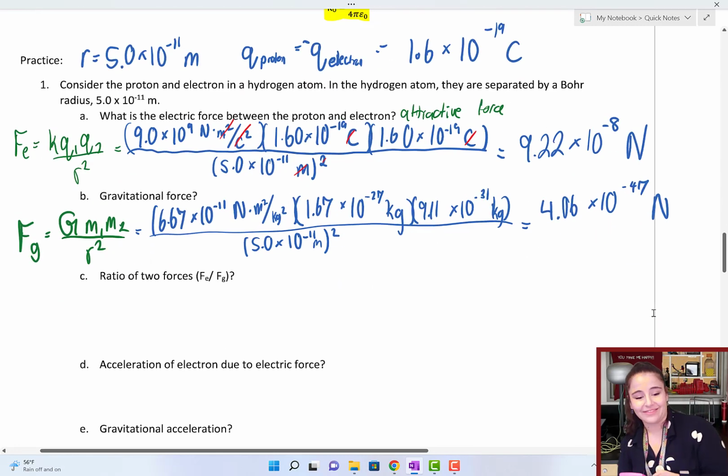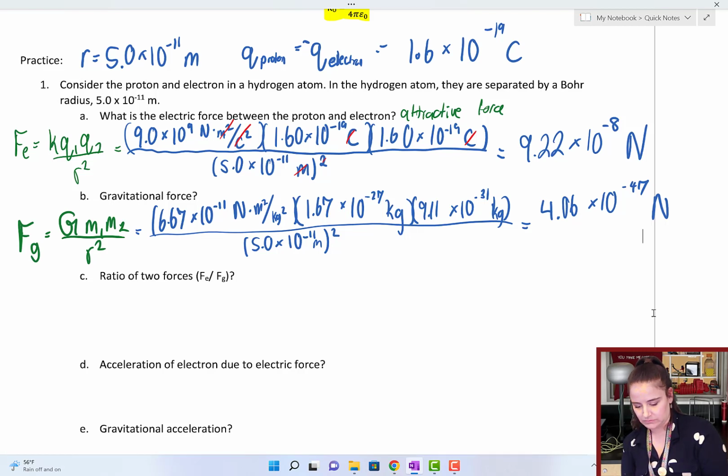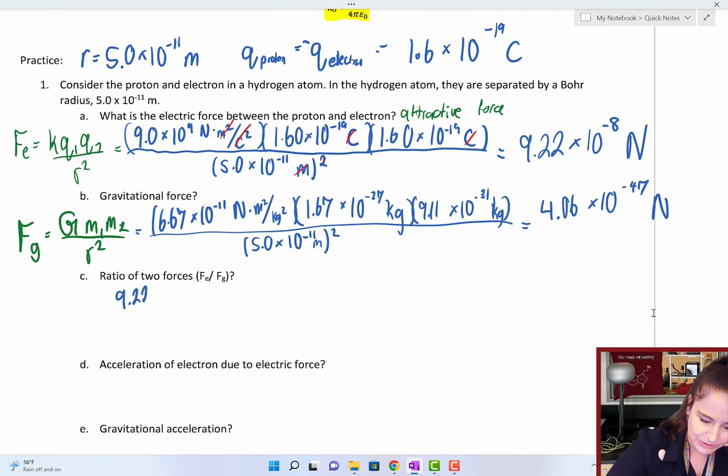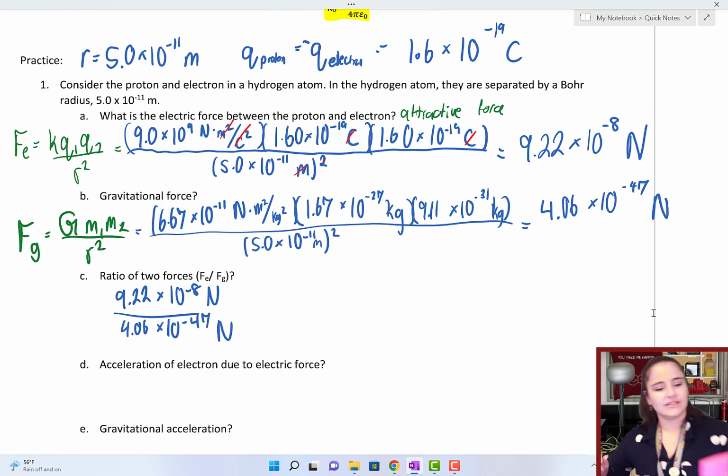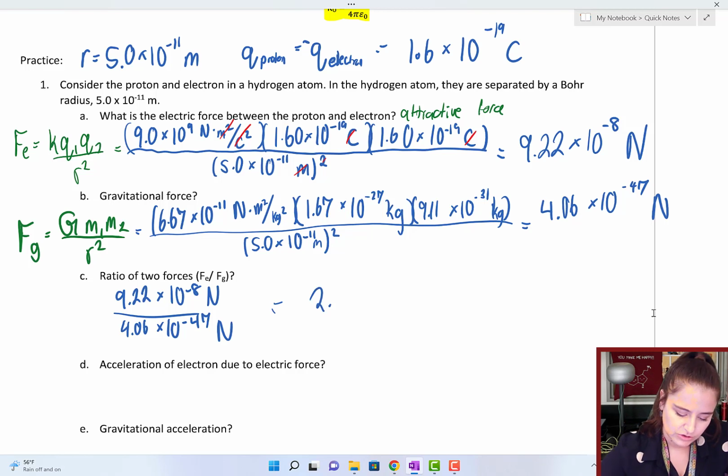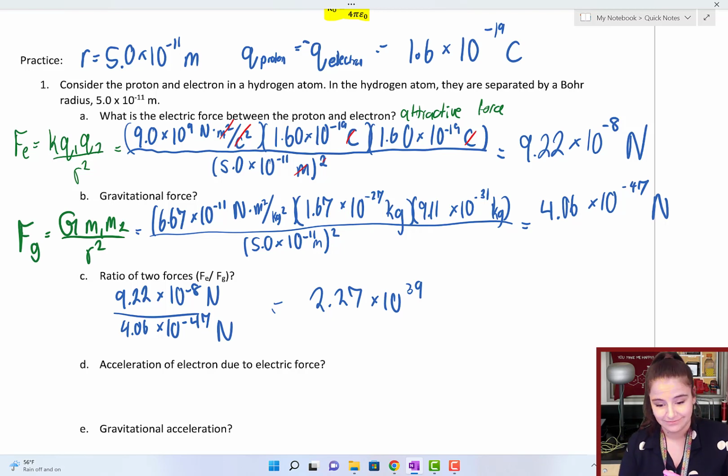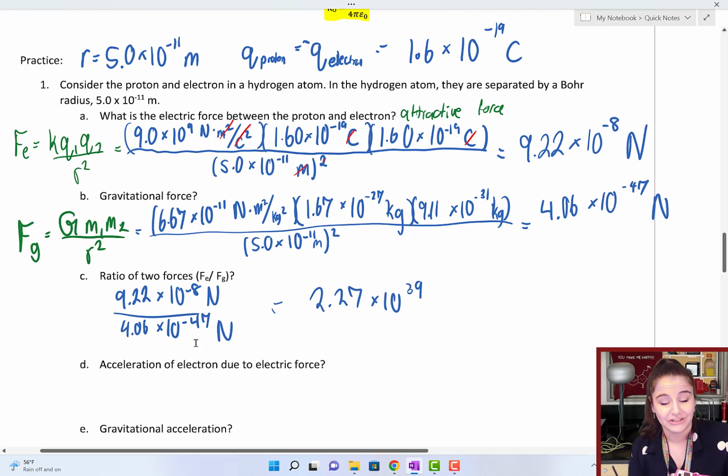If we look at the ratio between those 2 forces, so if we have that 9.22 times 10 to the negative 8 newtons over the gravitational force, just to see how dramatic this is, the electric force is 2.27 times 10 to the 39 times larger than the gravitational force.